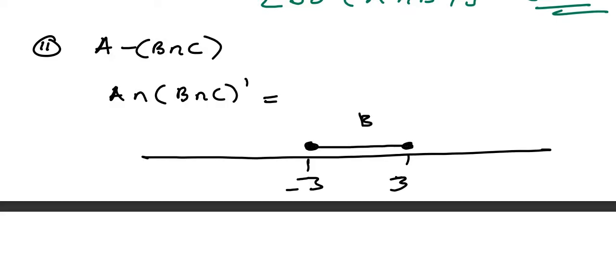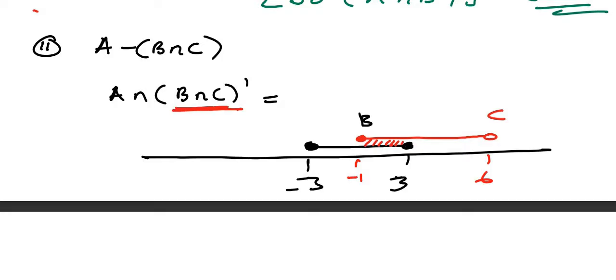Then I'll use red for your C. Your C is -1 to 6, which is closed at -1 and open at 6. So the intersection is going to be negative 1 to 3, closed on both ends. That's B intersection C.